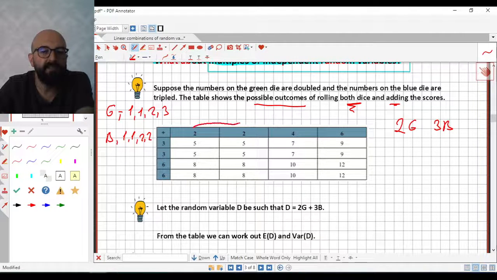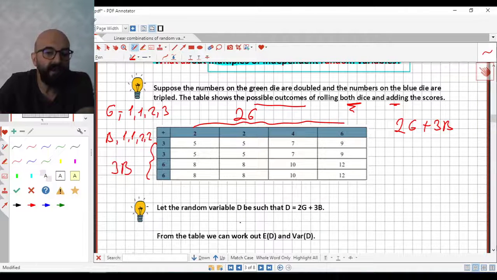So these numbers relate to 2G, and these numbers relate to 3B, and we add them: 2G plus 3B. It means 5, 5, 7, then 2 plus 3 is 5, 2 plus 3 is 5, 4 plus 3 is 7, and so on.